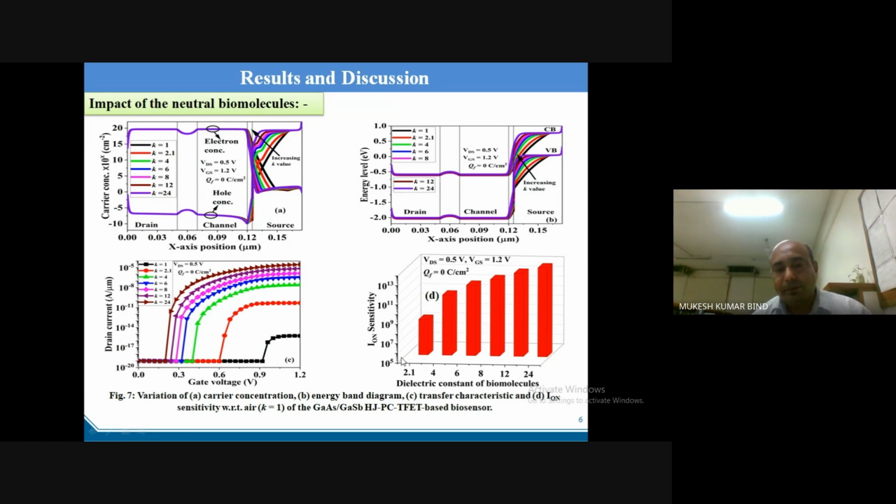Figure D shows the sensitivity of the proposed device, calculated from equation 1. Here you can see the sensitivity of the device for neutral biomolecules increases with increasing K value of the biomolecule in the cavity region.